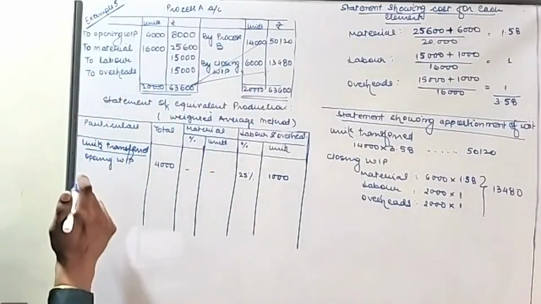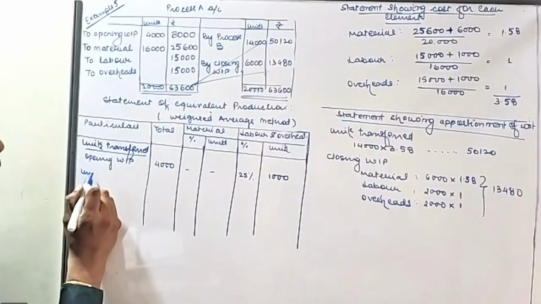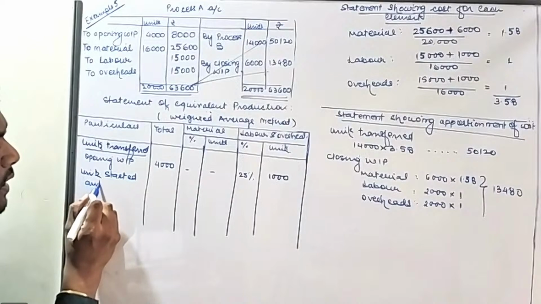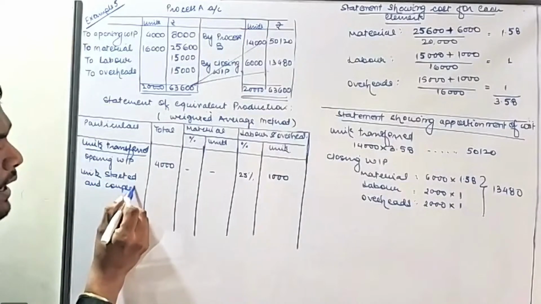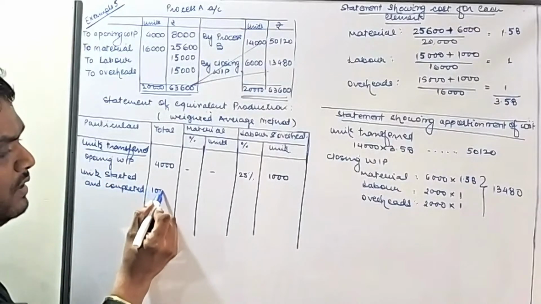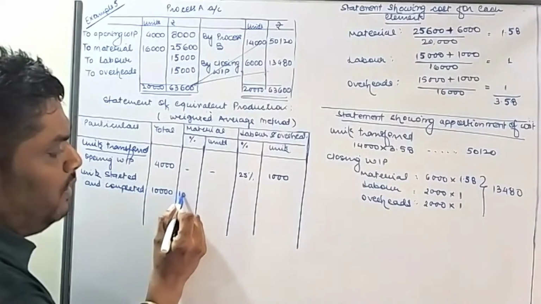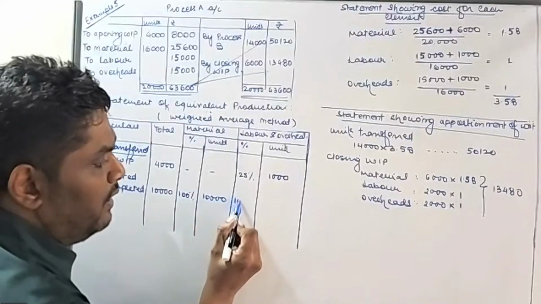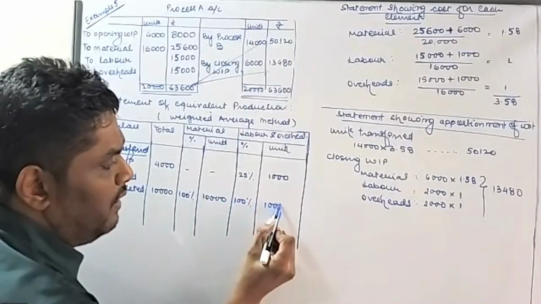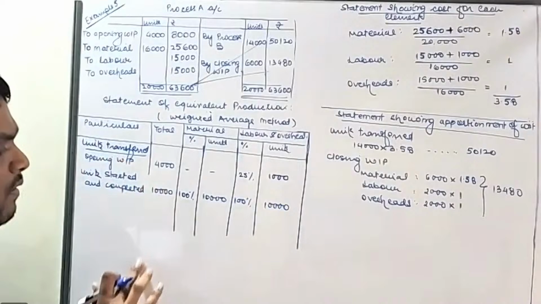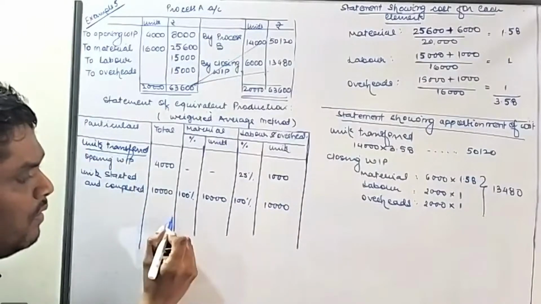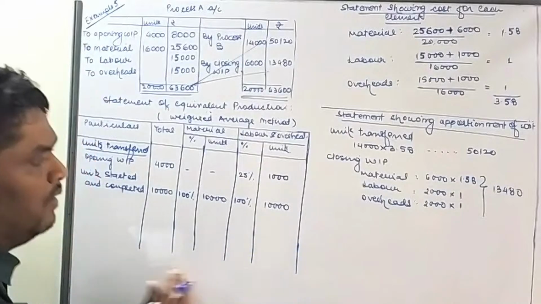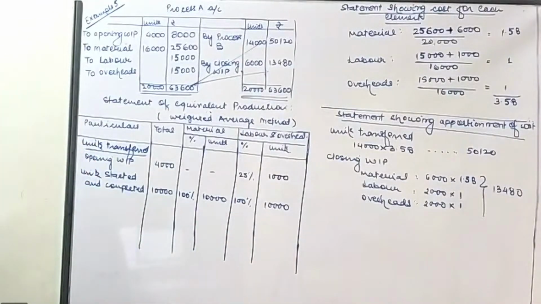Further, when talking about units started and completed, there were 10,000 units that were 100% processed. So 10,000 here, 100%, and 10,000 here. So this is all about units transferred.